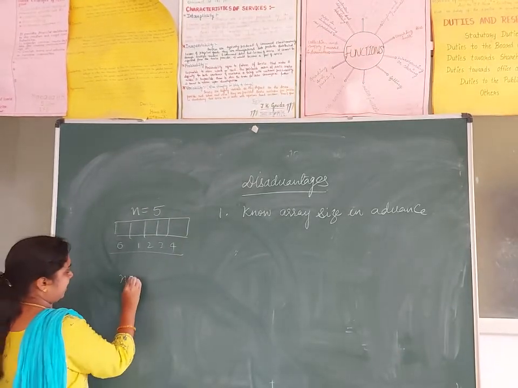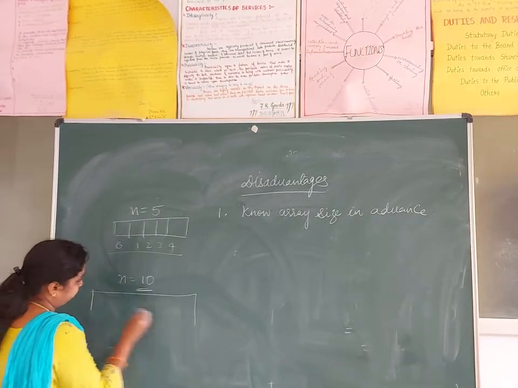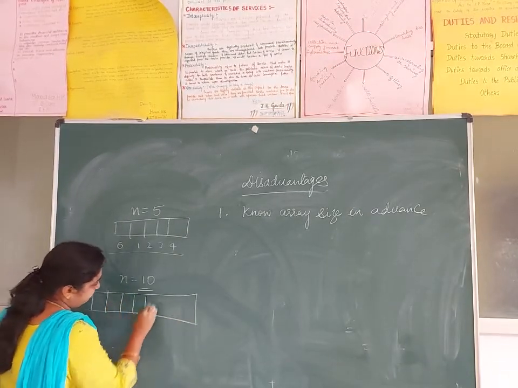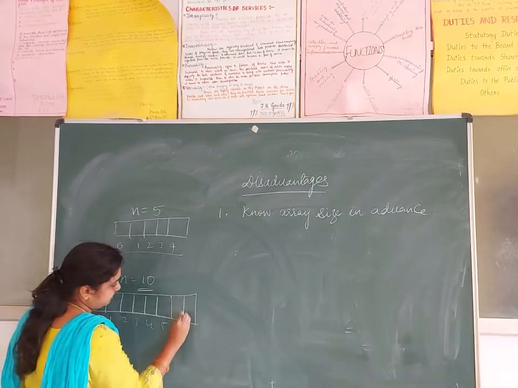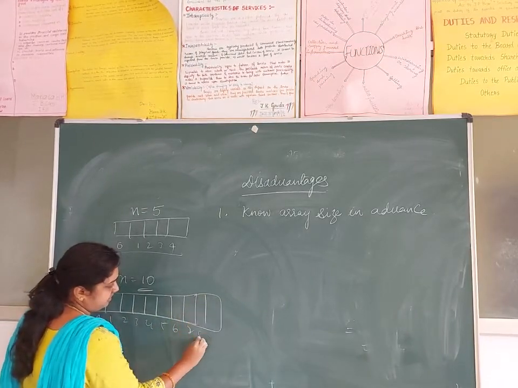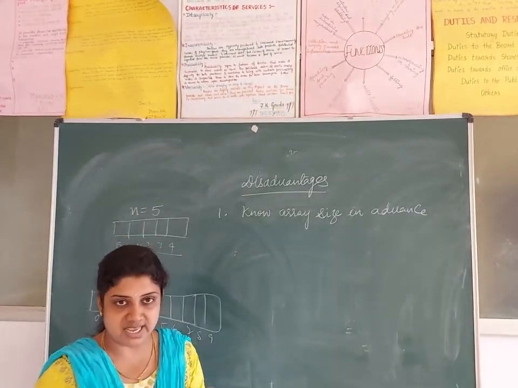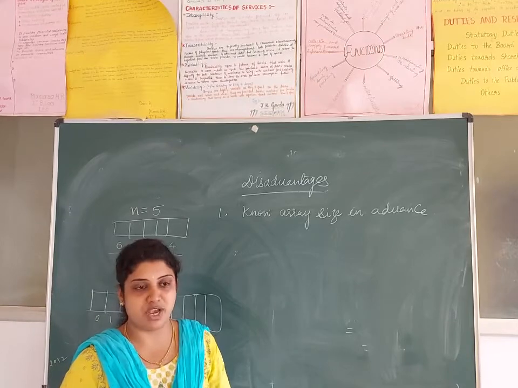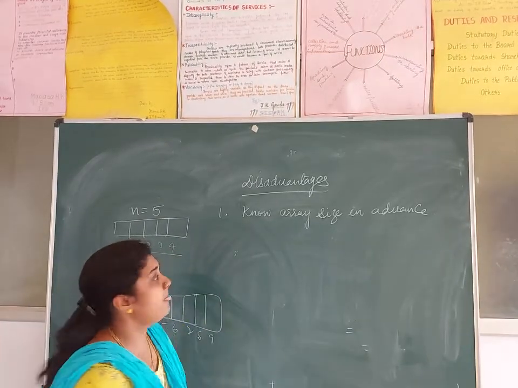Suppose I have taken n equals 10. What is my size? That is 10. So whenever you are using an array, you have to assign the array size in advance. That is the first point.